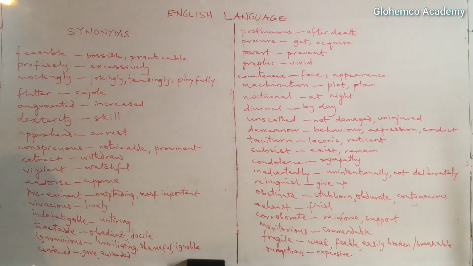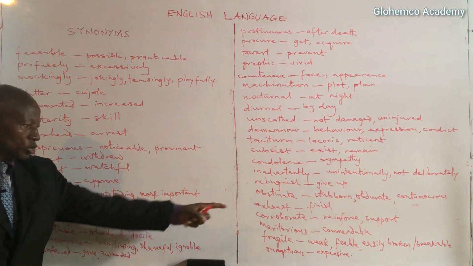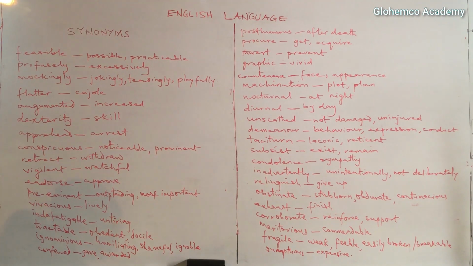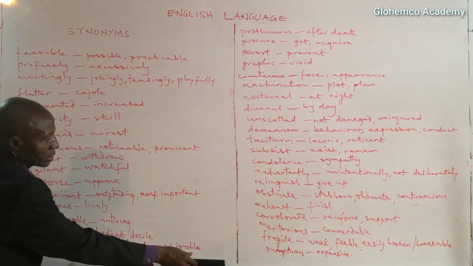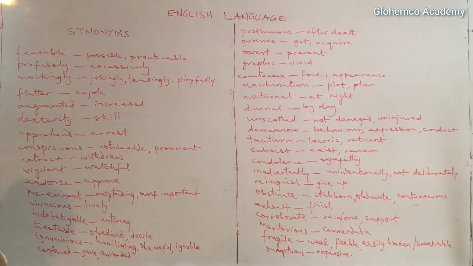But the other man was extremely wealthy, and he used to feed sumptuously. So sumptuous means expensive. When you are being fed sumptuously, somebody is feeding you expensively, spending a lot of money to prepare the dish or the food. So that is that. We want to see more of this.